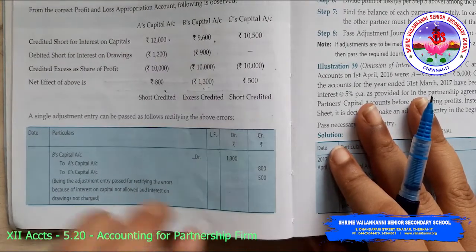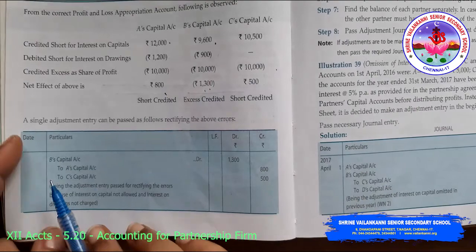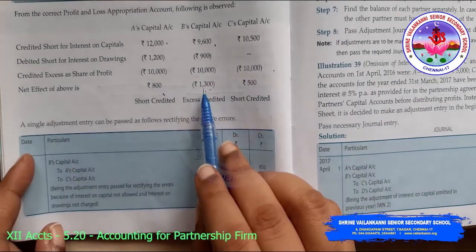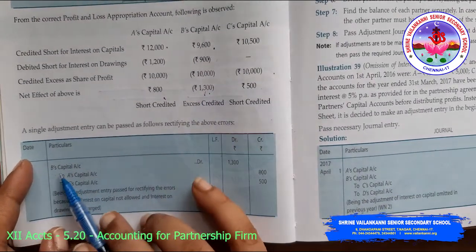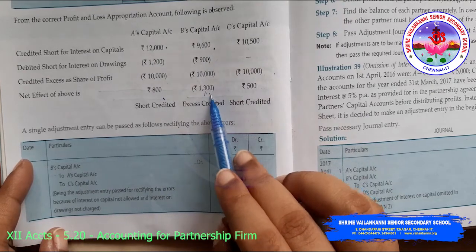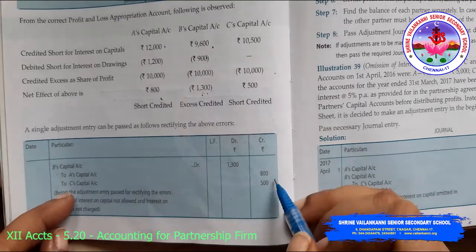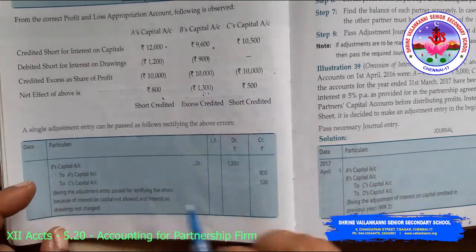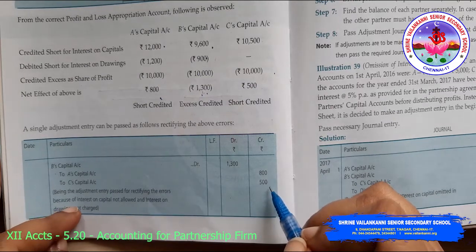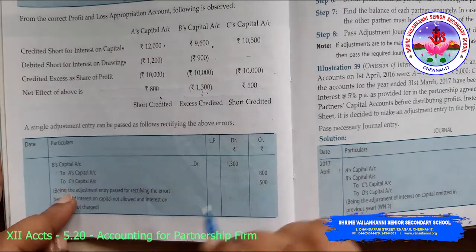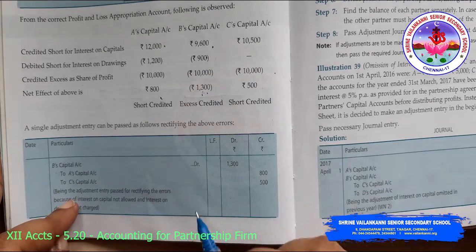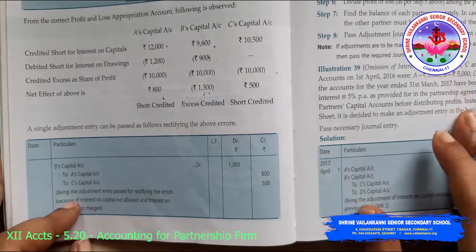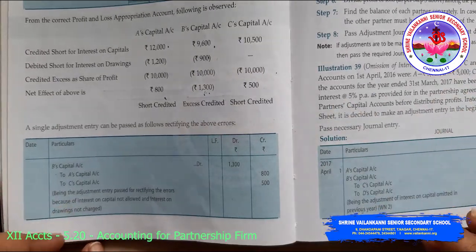This is B's capital account, and whatever is a negative balance will be debited. So B's capital account is debited by 1,300, A's capital account is credited by 800, and C's capital account is credited by 500. This is how you need to do these particular transactions.